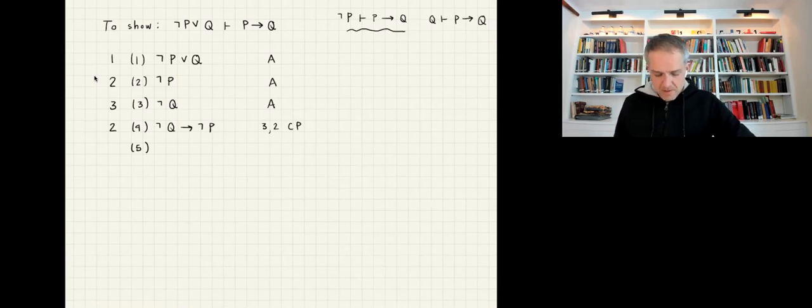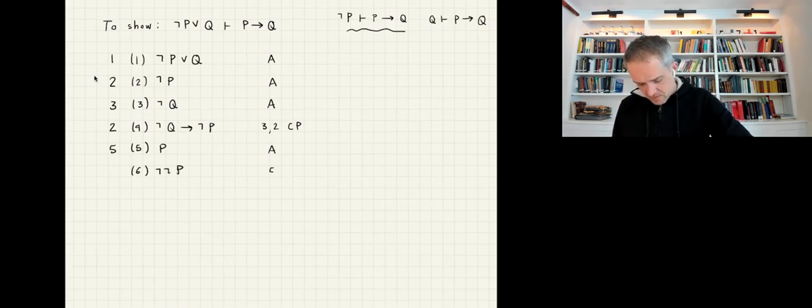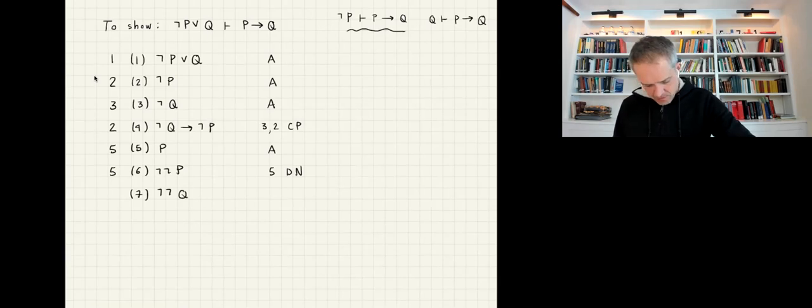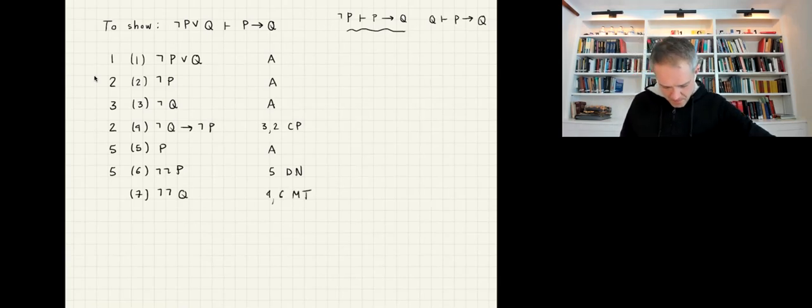Okay. Now I'm going to do the contrapositive maneuver. So I'm going to assume now P, so that gives me not P. And so not Q from 6-4 modus tollens.